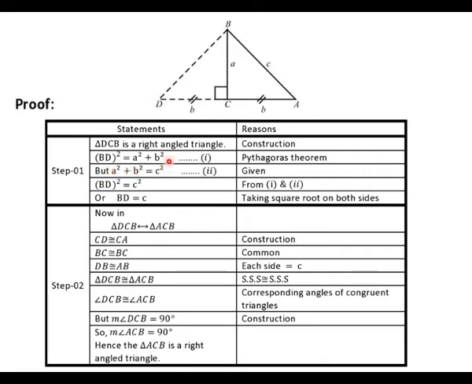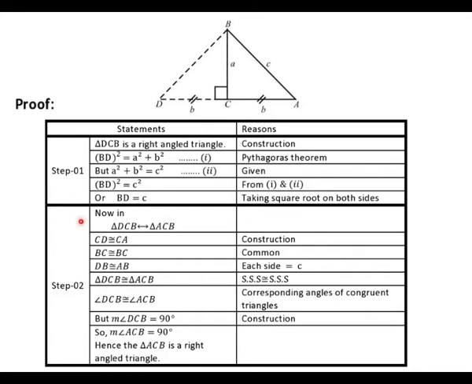So from these two equations, if a square plus b square is equal to BD square, and this a square plus b square is also equal to c square, then BD square will be equal to c square. From these two equations we have this equality, and further on taking the square root, we will have BD is equal to c. This was step 1.